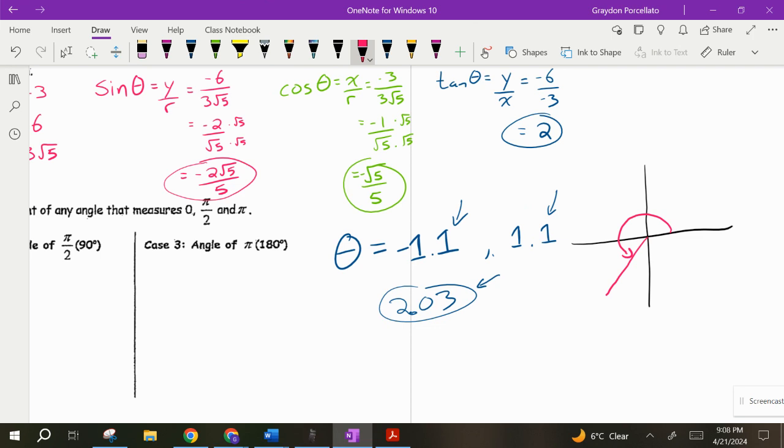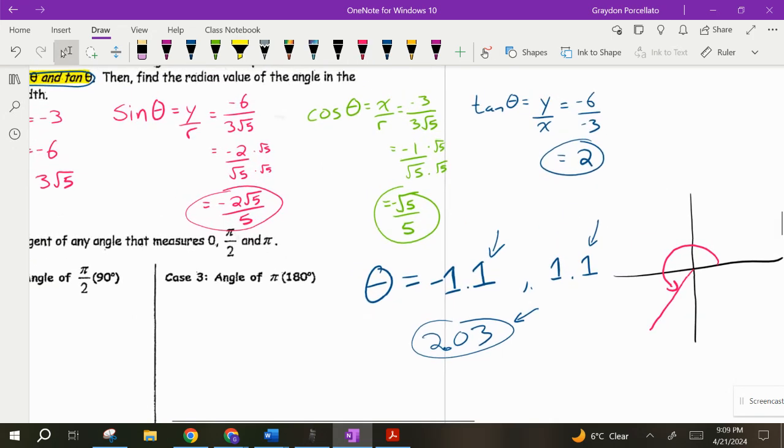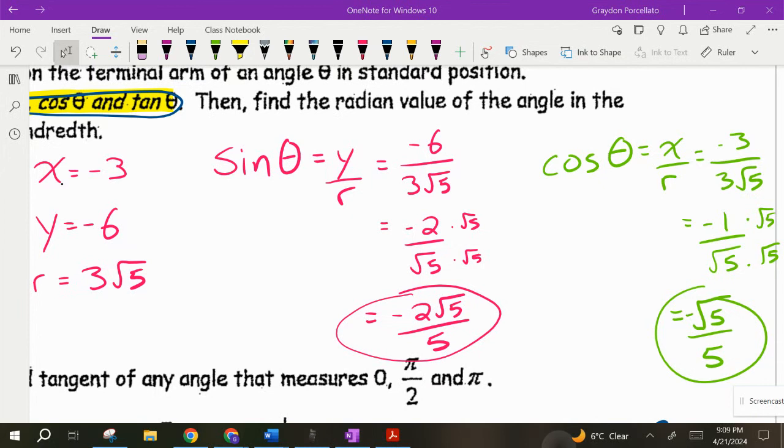Well, what's really important here is you have to think back to our CAST rule. I'm going to zoom in here on sine. With our CAST rule, notice that sine theta is a negative value. So if we think of CAST, where is sine negative? Sine is negative here and here.